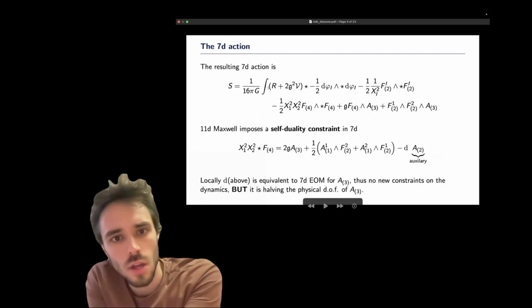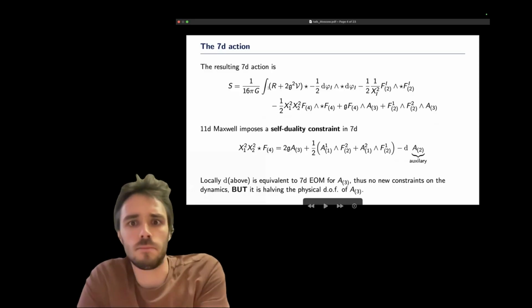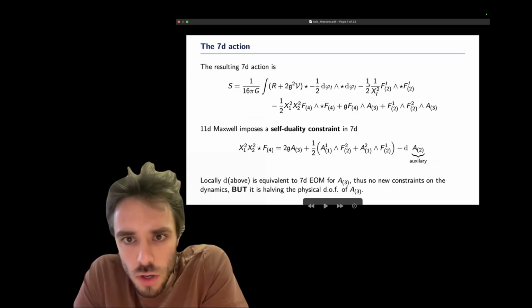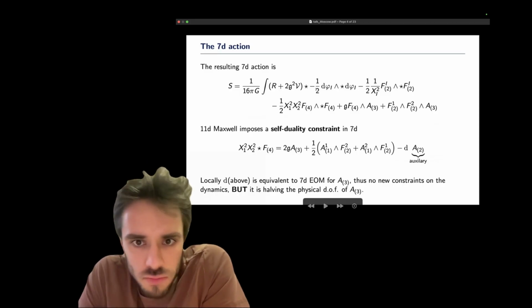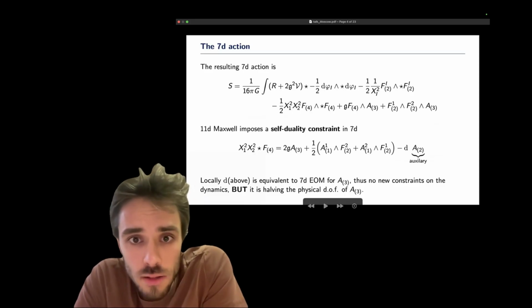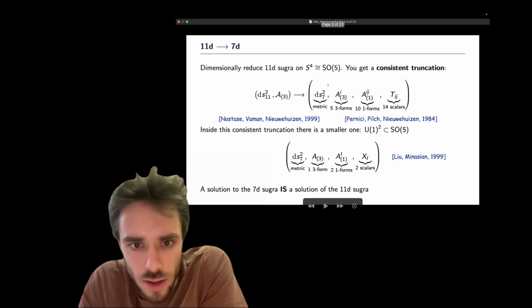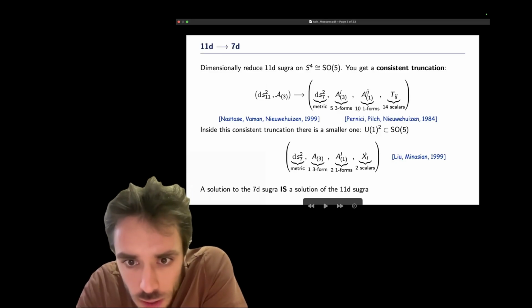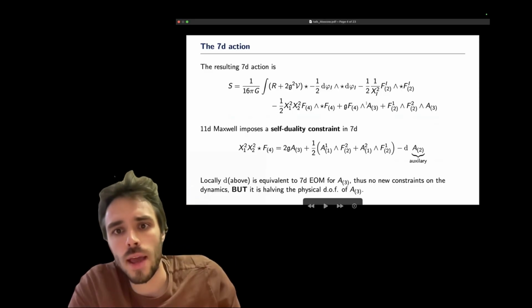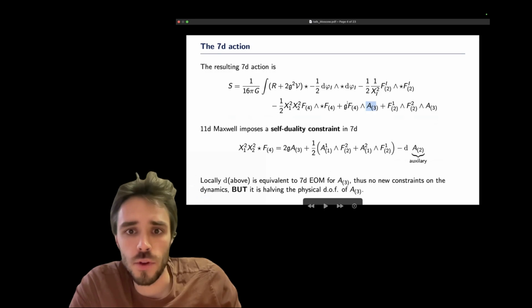What is the action? It's what you see right here. The action is not that important to understand everything, but well, it's not that hard. This is just the bosonic action. It has two scalars, X1 and X2 are my scalars. It has the three-form A3 and its field strength.